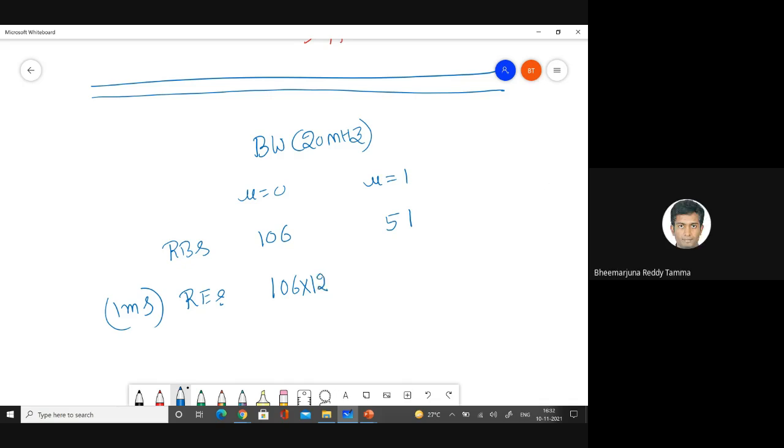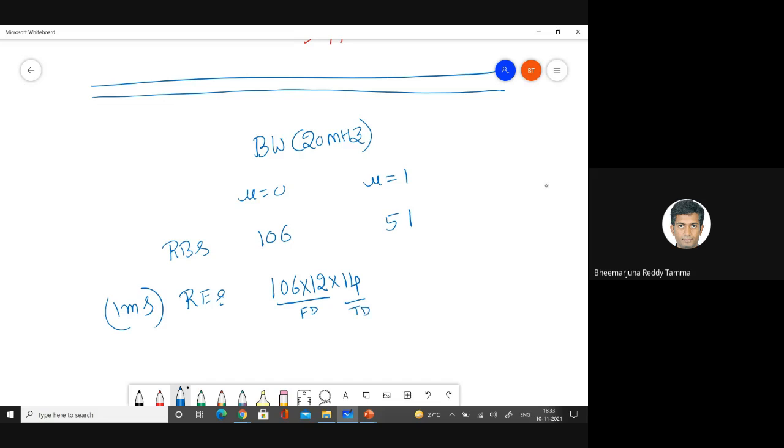It is 12 in the frequency domain and in the time domain 14. These are the subcarriers in the frequency domain and these are the symbols in the time domain. So multiplication of these two will give you the number of resource elements.